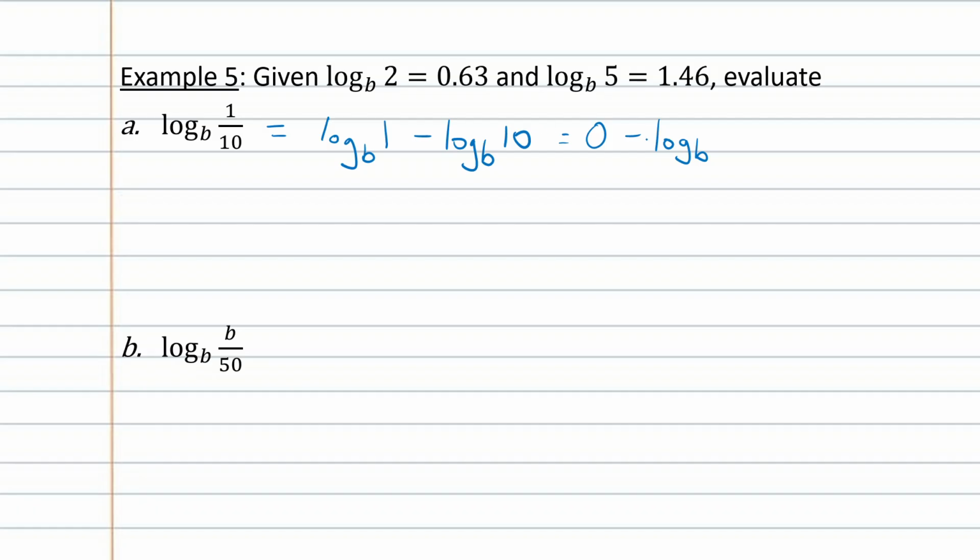Well, how can I combine a 5 and a 2 to get a 10? Could just multiply them, right? So here I have minus log base b of 5 times 2, which I can then split up into minus the log base b of 5 minus the log base b of 2. Okay, because I have to keep that minus with both terms, even though they're technically added because they're multiplied.